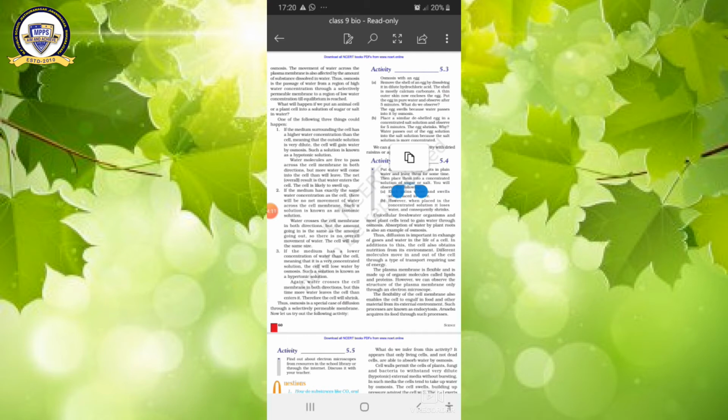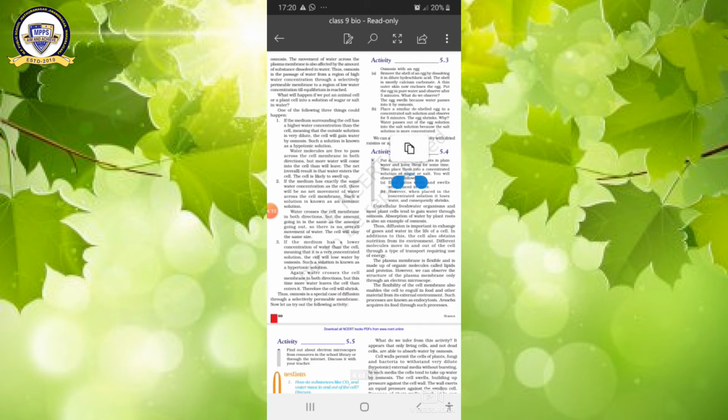However, we can observe the structure of the plasma membrane only through an electron microscope. The flexibility of the cell membrane also enables the cell to engulf food and other material from its external environment. Such processes are known as endocytosis. Amoeba acquires its food through such a process.